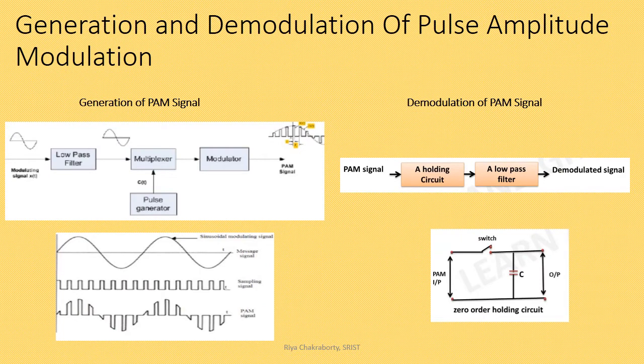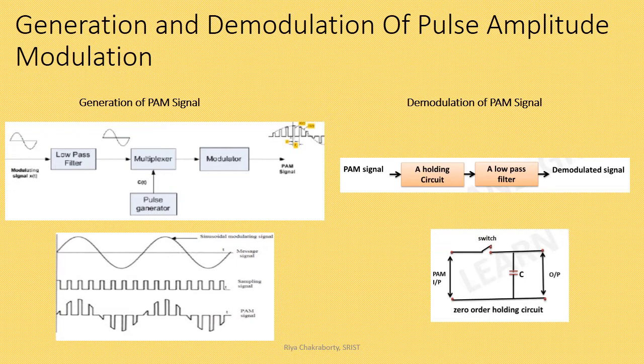Now the next part: generation and demodulation of pulse amplitude modulation. We know that in analog modulation systems, some parameter of a sinusoidal carrier is varied according to the instantaneous value of the modulating signal.